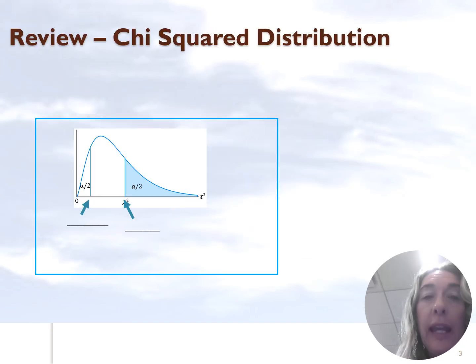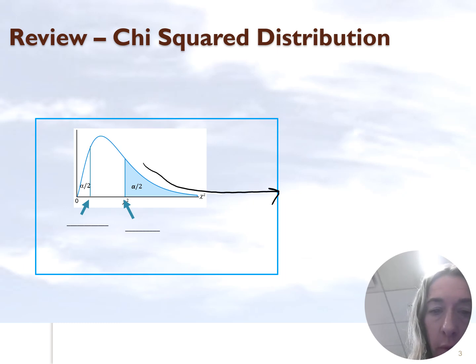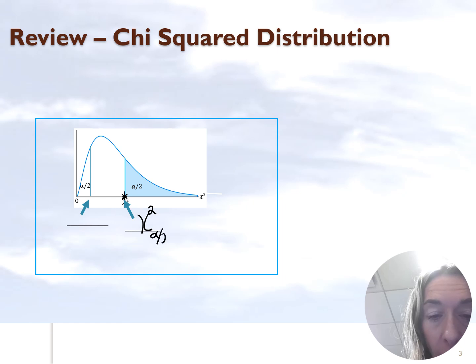Okay, let's do a visual review of the chi-square distribution. Recall that the chi-square distribution, as shown here, is a continuous distribution. It is skewed to the right because it has a long right tail. If I were to identify this point right here along the x-axis, that's a particular critical value of the chi-square distribution, labeled as chi-squared sub alpha over 2.